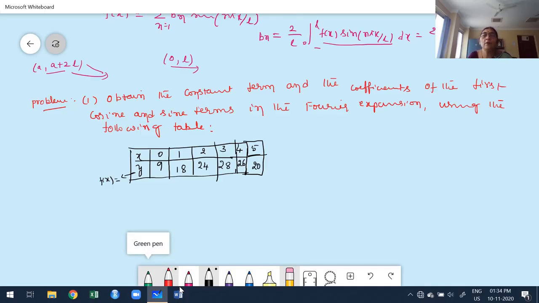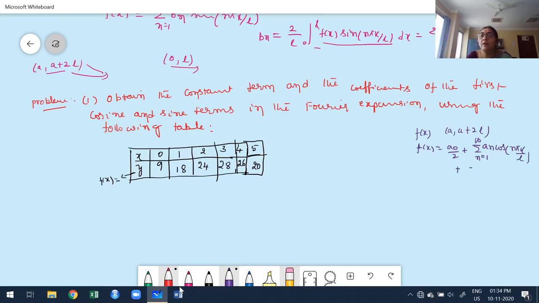I want to find the constant term. You know what my Fourier series expansion is. I'm writing the general Fourier series over the interval a comma a plus 2l: f of x is equal to a naught by 2 plus the summation, n ranging from 1 to infinity, of an cos of n pi x by l, plus the summation, n ranging from 1 to infinity, of bn sin of n pi x by l.